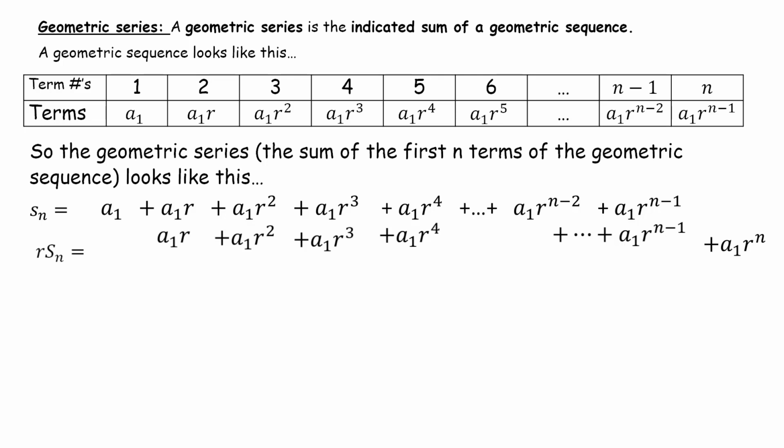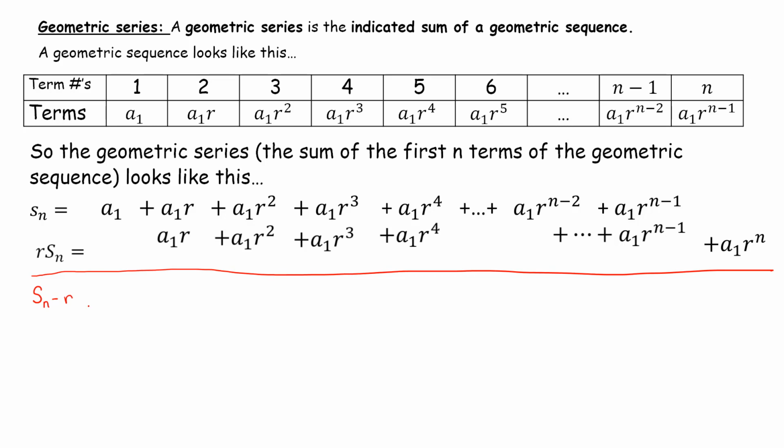So if I subtract these two equations, I'm just going to put a line under the whole thing. I'm going to subtract. On the left side of the equal sign, I've got s sub n minus r times s sub n. And then on the right side of the equation, when I subtract, all these things that look exactly alike disappear.